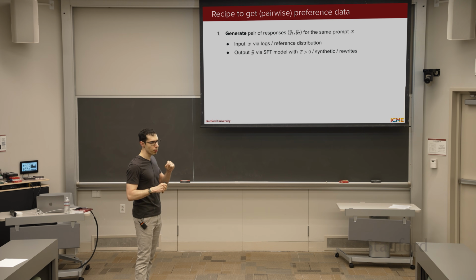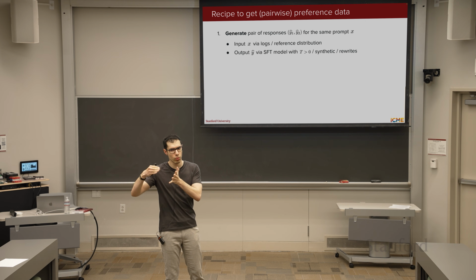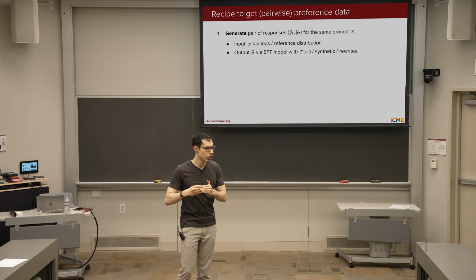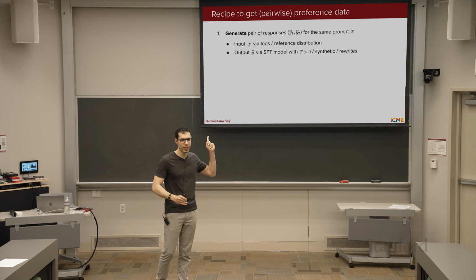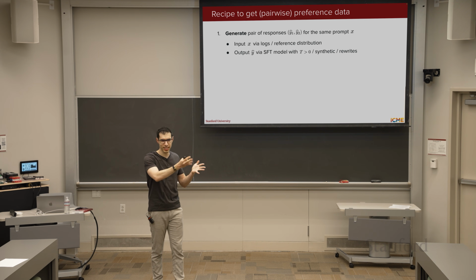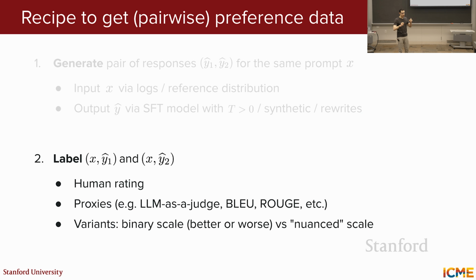The prompt is typically something where we want to follow the distribution of what users typically ask. So the prompt X can be something that we obtain from the logs or from a desired set of prompts. And then what we do is we have these two observations.